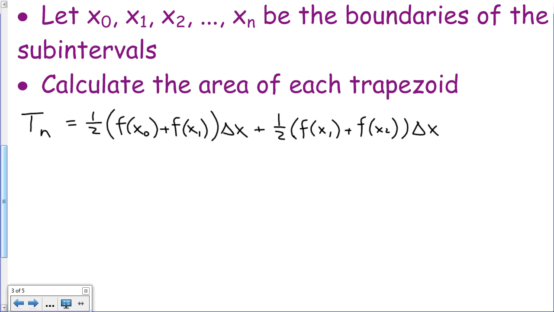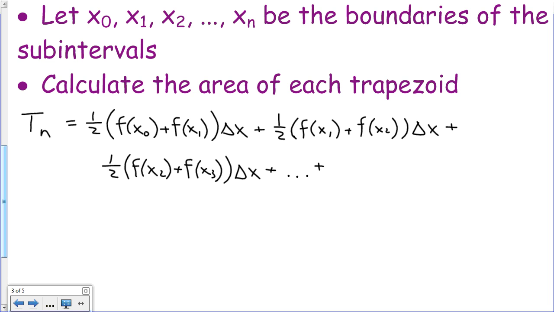And we'll add on the next one here. To go to the next line, it's 1/2 of f of x sub 2 plus f of x sub 3, times delta x. And we'll just say this continues there. We only drew the first three trapezoids, so that's all I'll worry about writing down here.